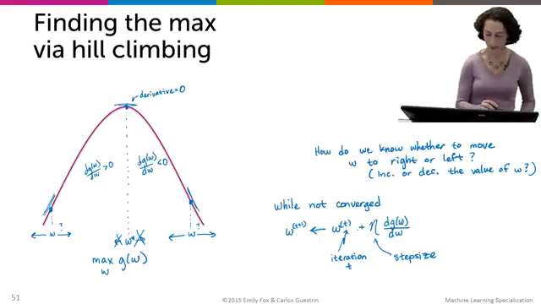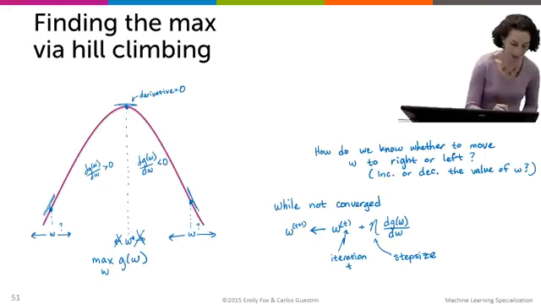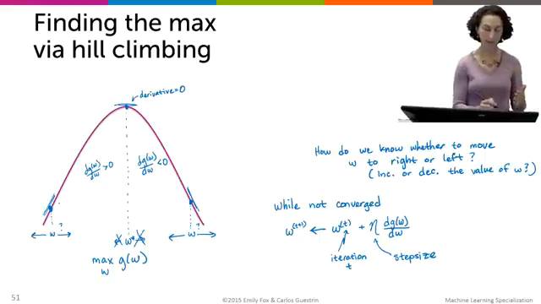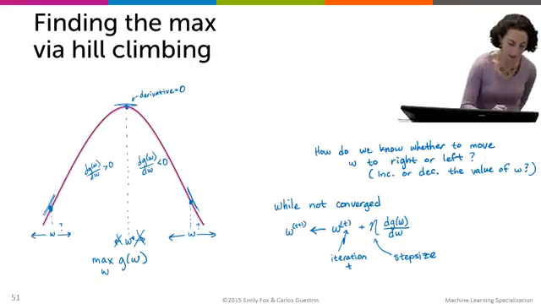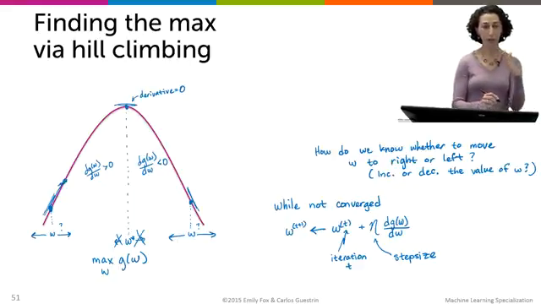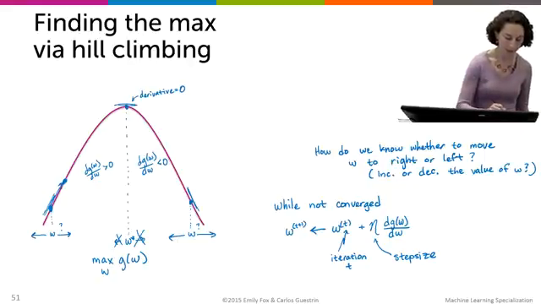Okay, so let's look at a picture of how this might work. Let's say I happen to start on this left-hand side at this w value here, compute the derivative, and take a step determined by that step size. At this point, the derivative's pretty large. This function's pretty steep, so I'm going to be taking a big step.